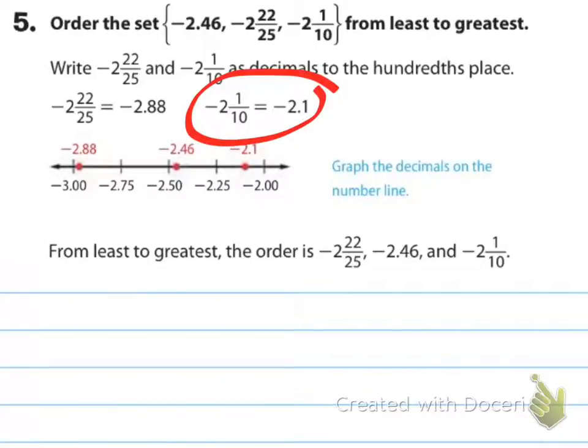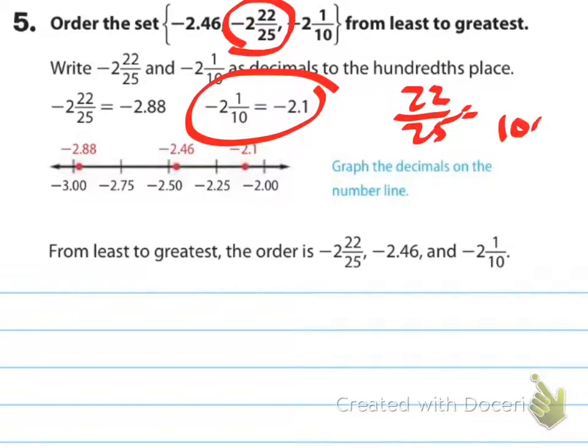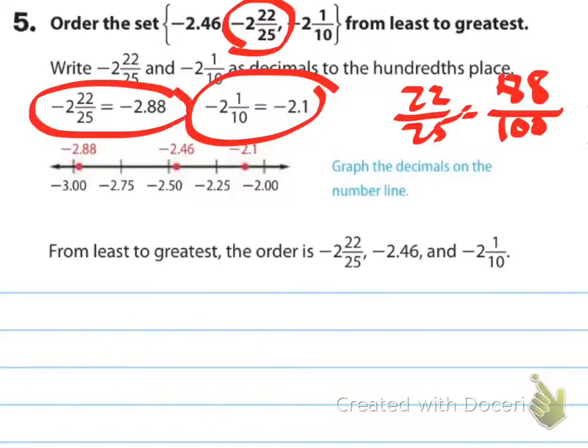The negative 2 and 22/25ths, 22 over 25ths can be made into a denominator of 100 by multiplying times 4, and so that's going to be 88 hundredths, so it's going to be negative 2.88. And then we've got our negative 2.46. Talking money, I'm going to think about this as $2.10.